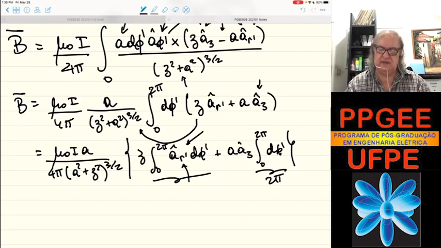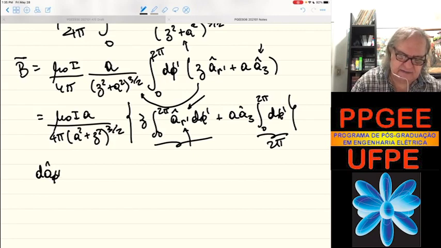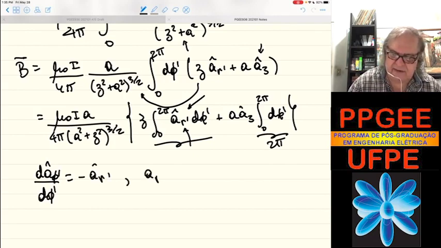If you want to do it in an elegant way, you have that dA phi over d phi equals minus AR prime. So AR prime equals minus dA phi over d phi.